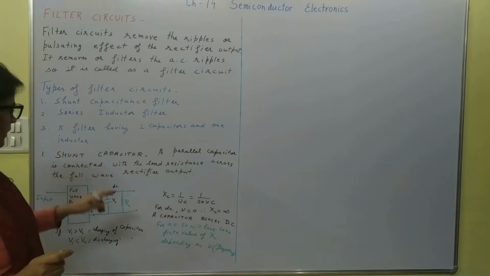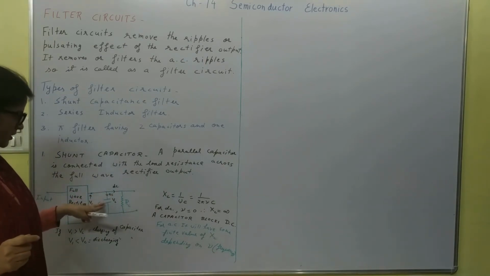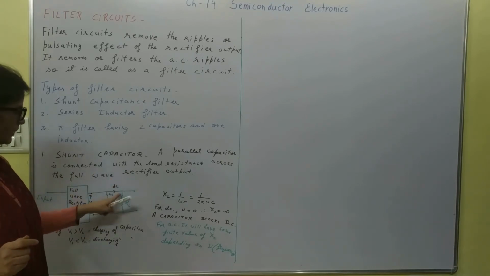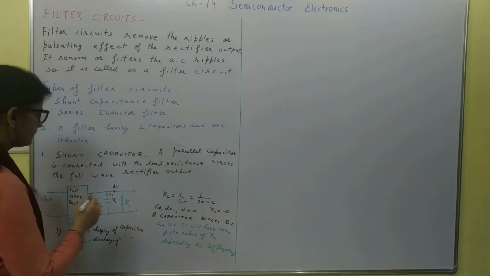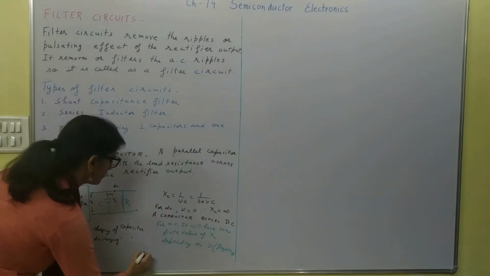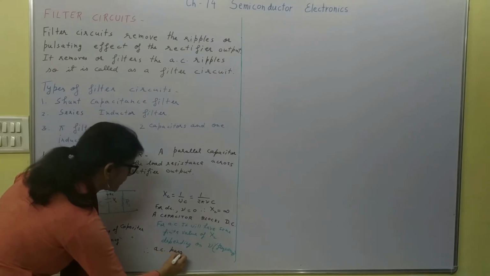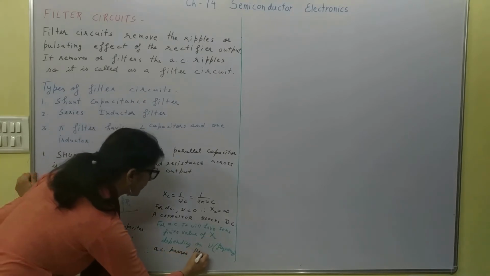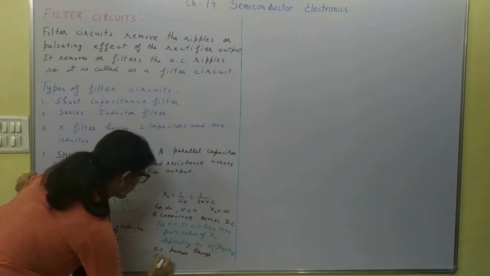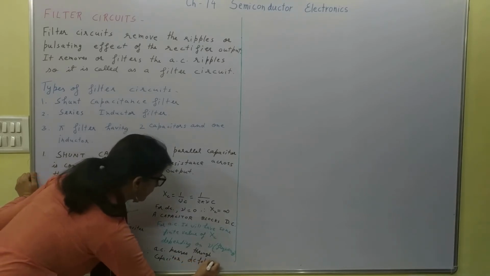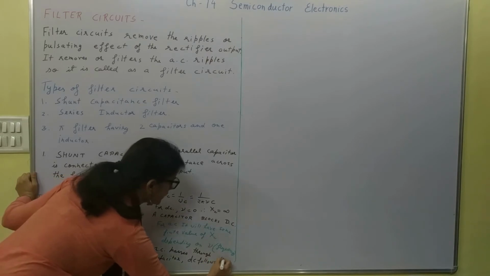So you can say AC will pass through the capacitor and the remaining DC will flow through the other, the only path which remains.